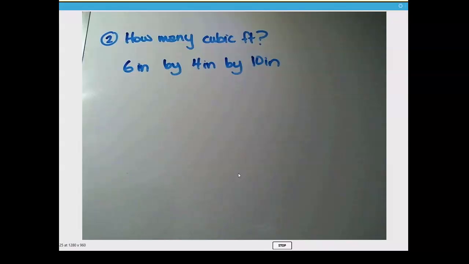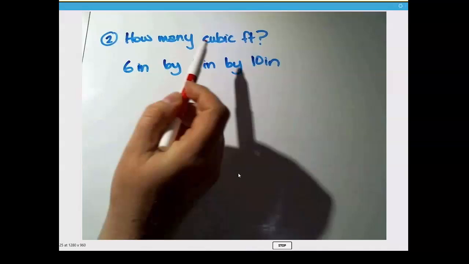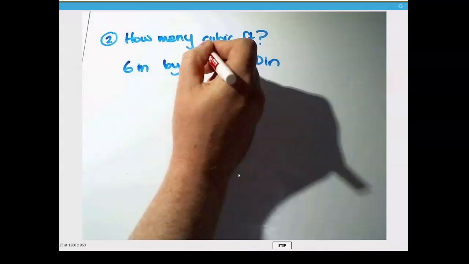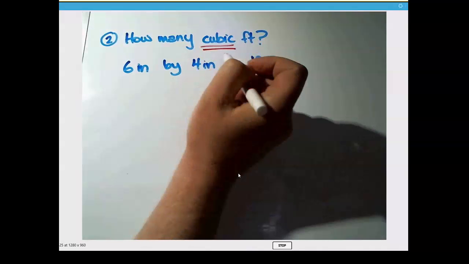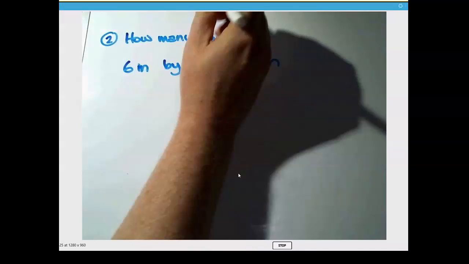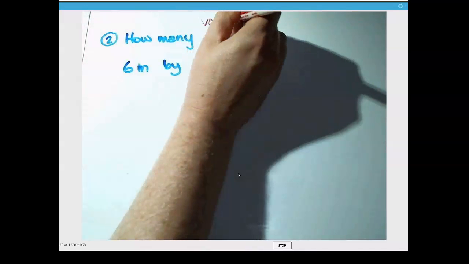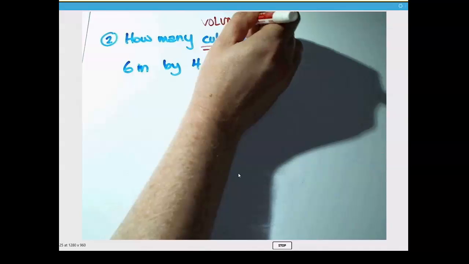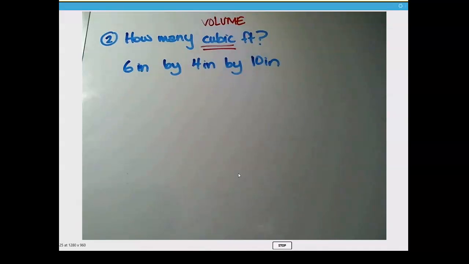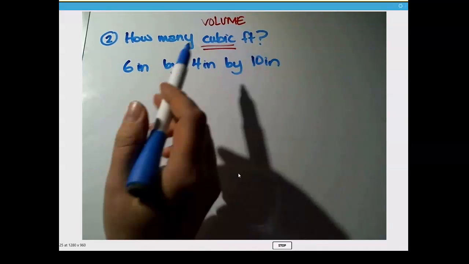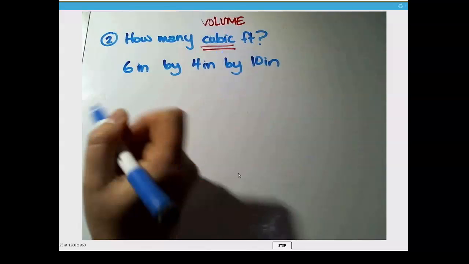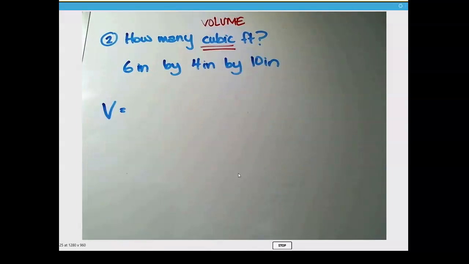Okay. So I'm going to break this down into a couple different things. First of all, the question wants cubic. We just talked about that. That means it's three-dimensional. Cubic is another word for volume. So I have to first find the volume.